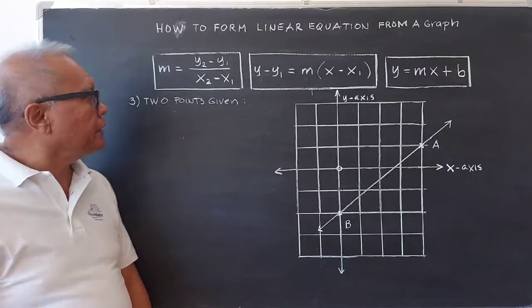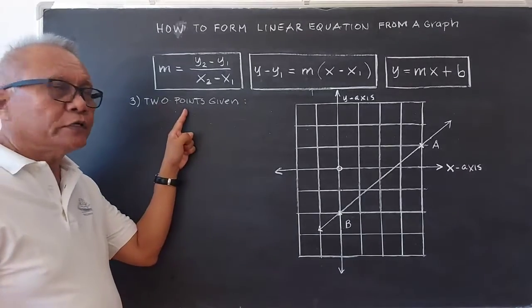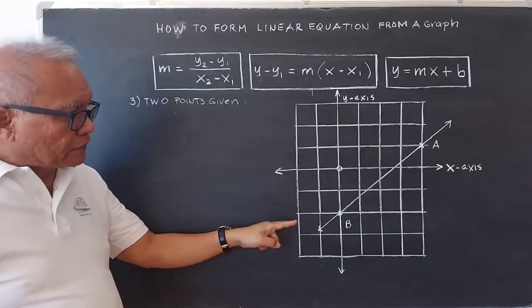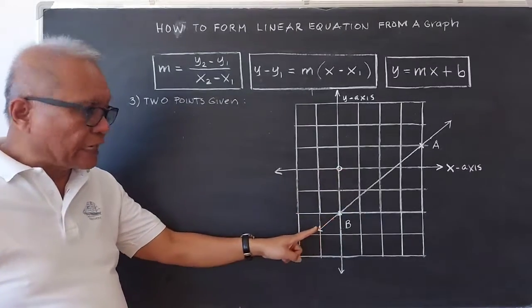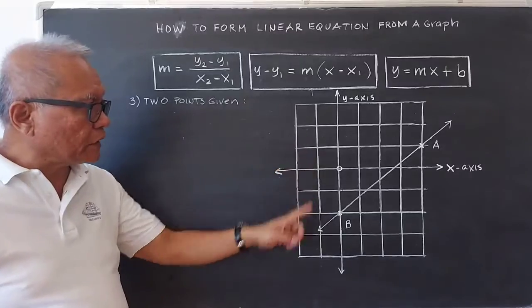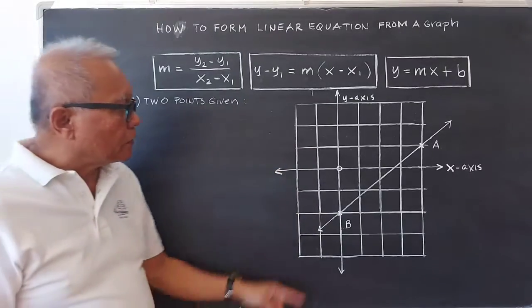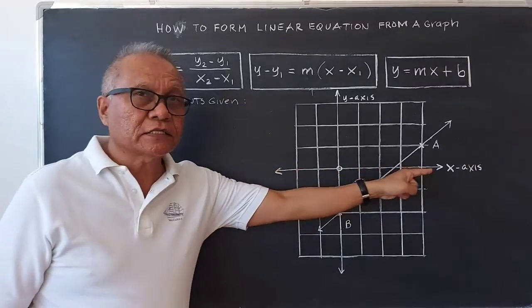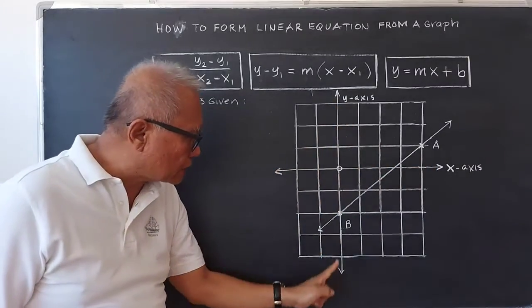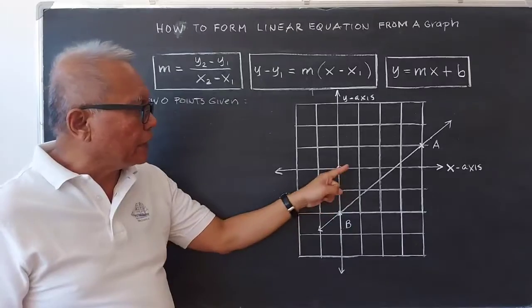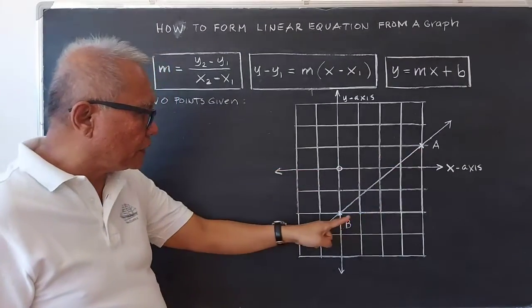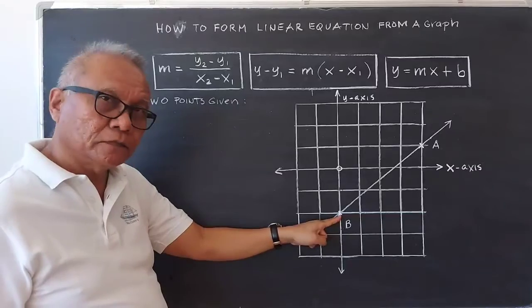Okay class, let's have number 3. For number 3, we have 2 points given, and that is graphed already here. The line is plotted on our x and y axes. We have the origin here, this is the x axis, this one is the y axis. Point A is there with a cross, and point B is here.